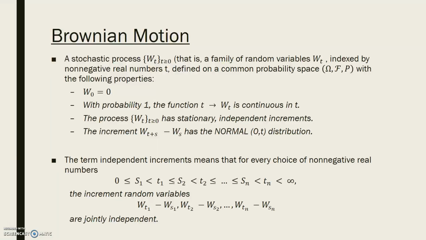Another property is that the process W subscript t has stationary independent increments, and the increments W_{t+s} minus W_s have the normal distribution with mean 0 and variance t.